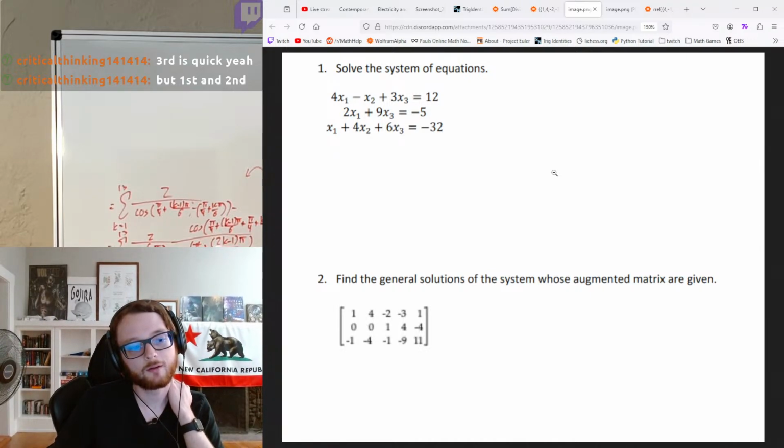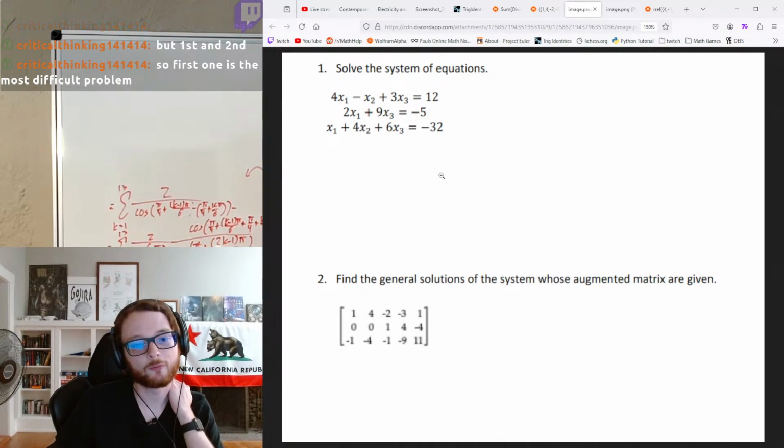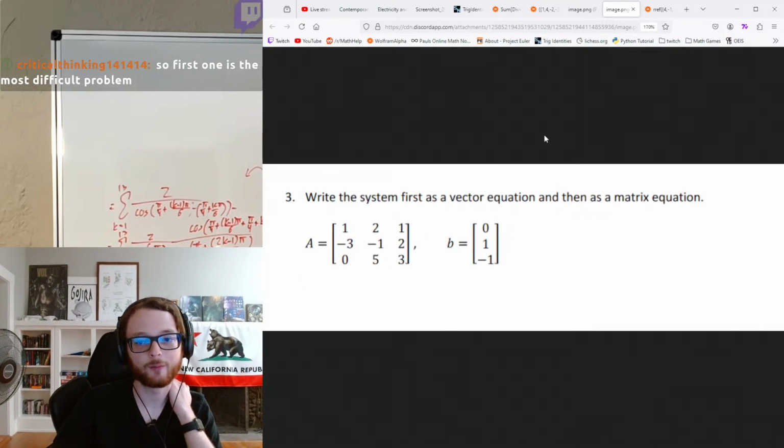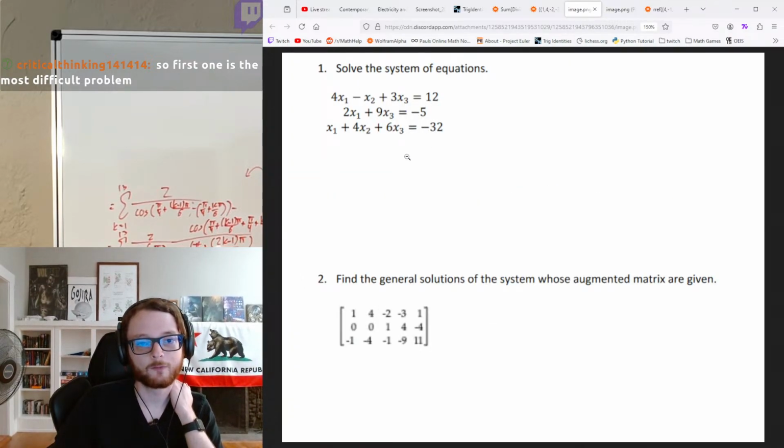The first one definitely takes the most time. The other 2 are maybe more testing the concepts, but the first one is just a lot of arithmetic.